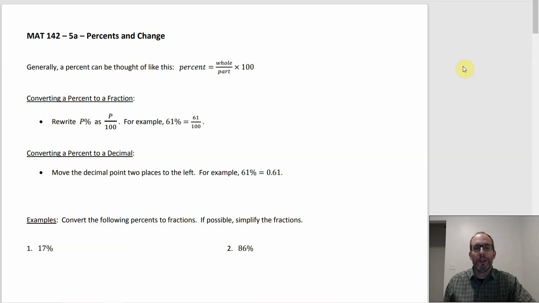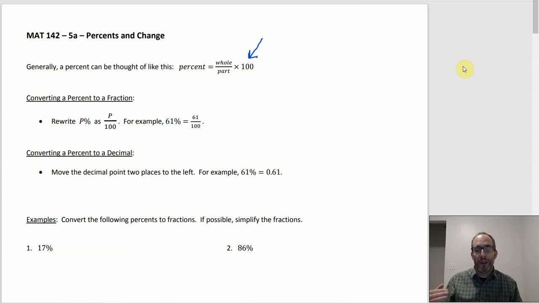So first of all, if you're going to convert a percent into a fraction, that's the idea, where you can think of a percent generally as the part divided by the whole, multiplied by 100. So when you convert it into fraction form, you're just trying to write it as part over whole, essentially.